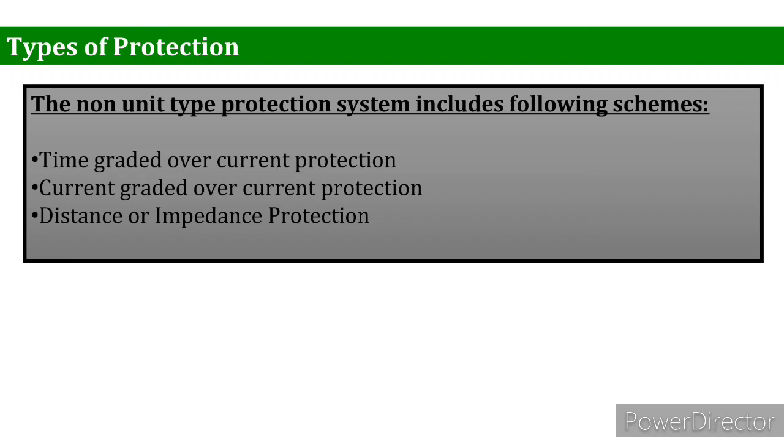We can also say that if we discriminate our systems, for example, by time, by current, or by distance, these three are different dimensions in which we can use the protection system according to our need.